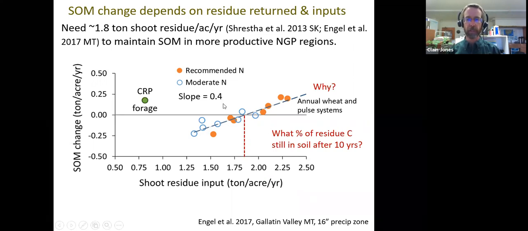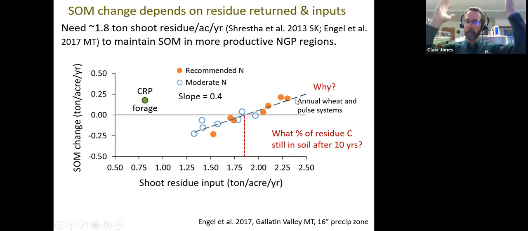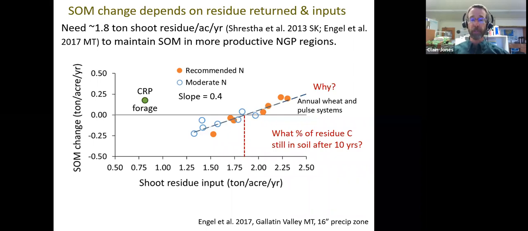And it turns out the slope is 0.4. That means that 40% of the residue stays behind as soil organic matter. The other 60% goes up to the atmosphere. Would be nice if more stayed behind, but we know that without those microbes, we don't have a very healthy soil. So that's just going to be about how much carbon stays behind versus gets what's called respired.